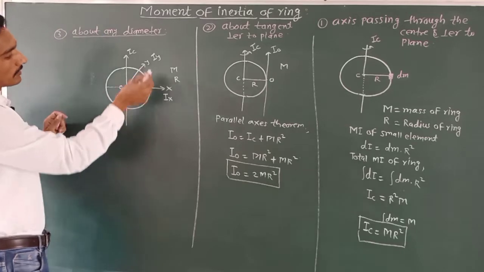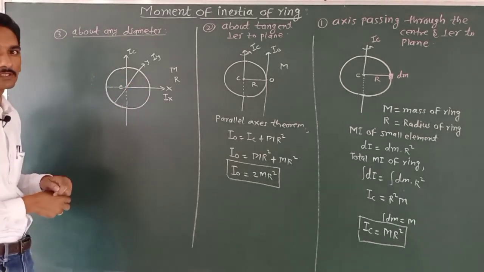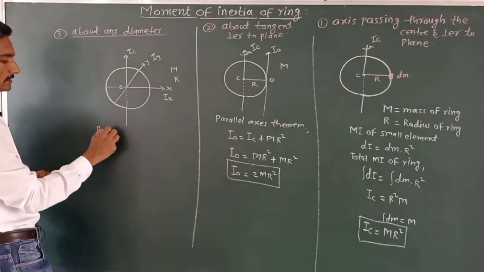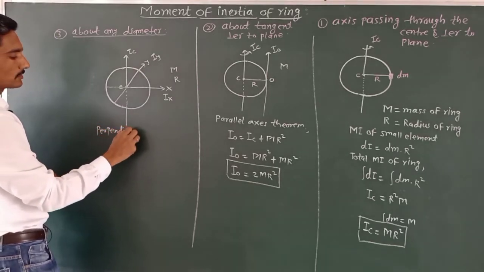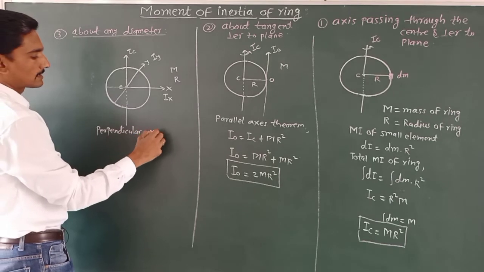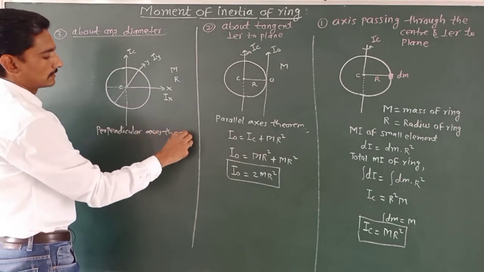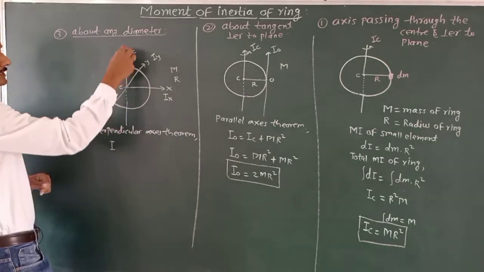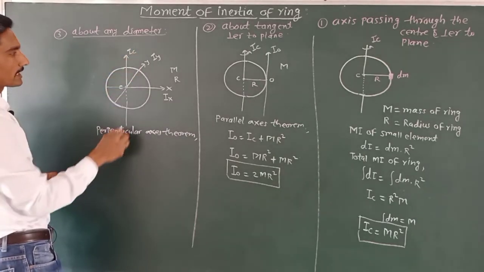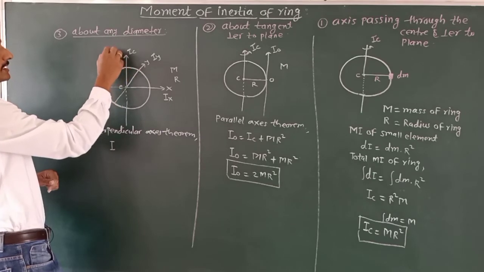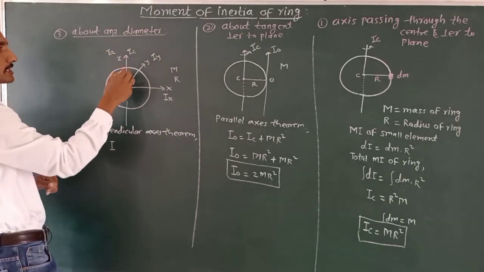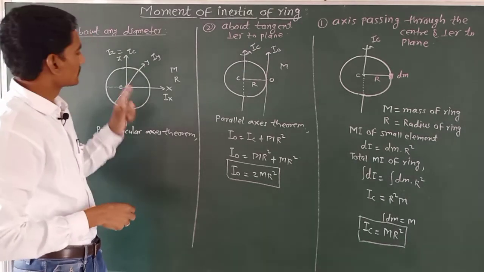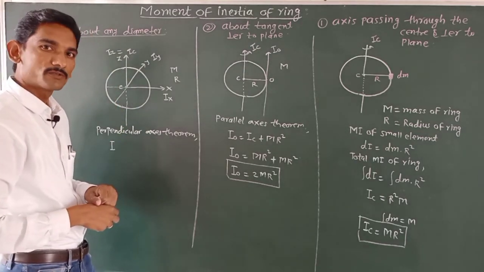So now for this construction we can use the perpendicular axis theorem. By using the perpendicular axis theorem, we can write like this: suppose it is the z axis, then Iz is the moment of inertia, but it is equal to IC because it is passing through the center of the ring and perpendicular to its plane.